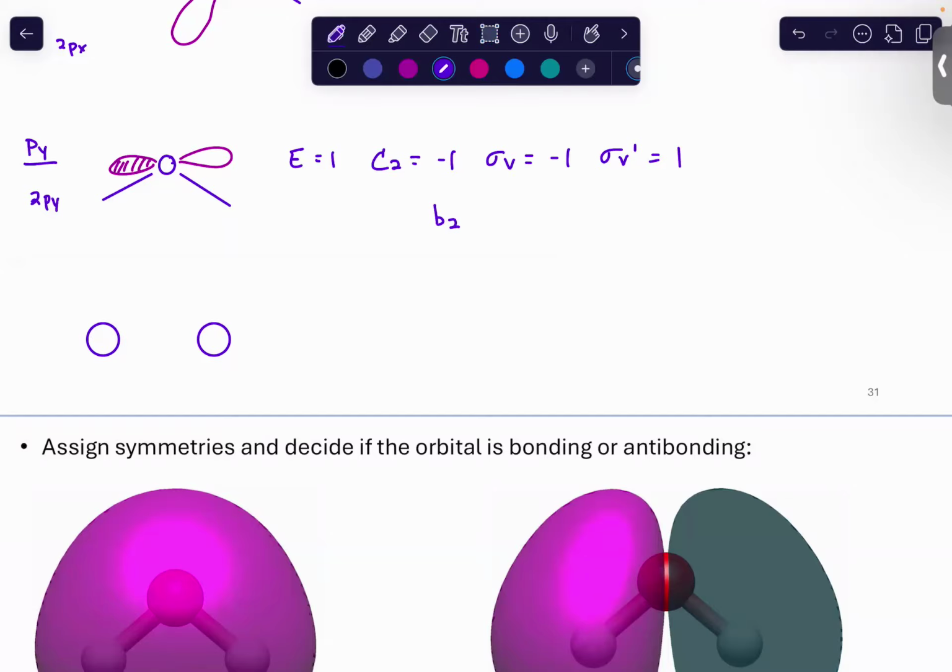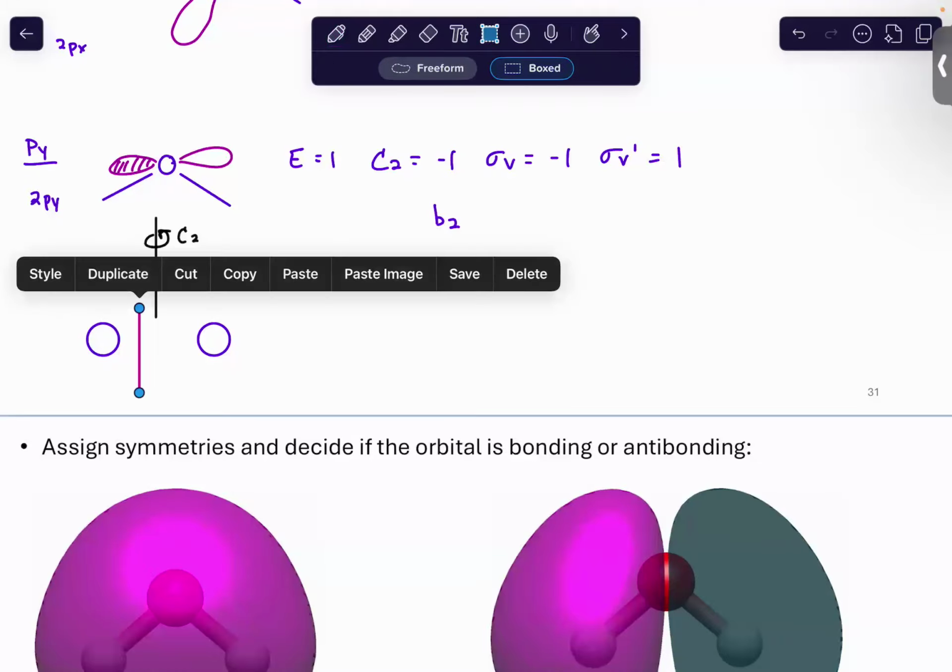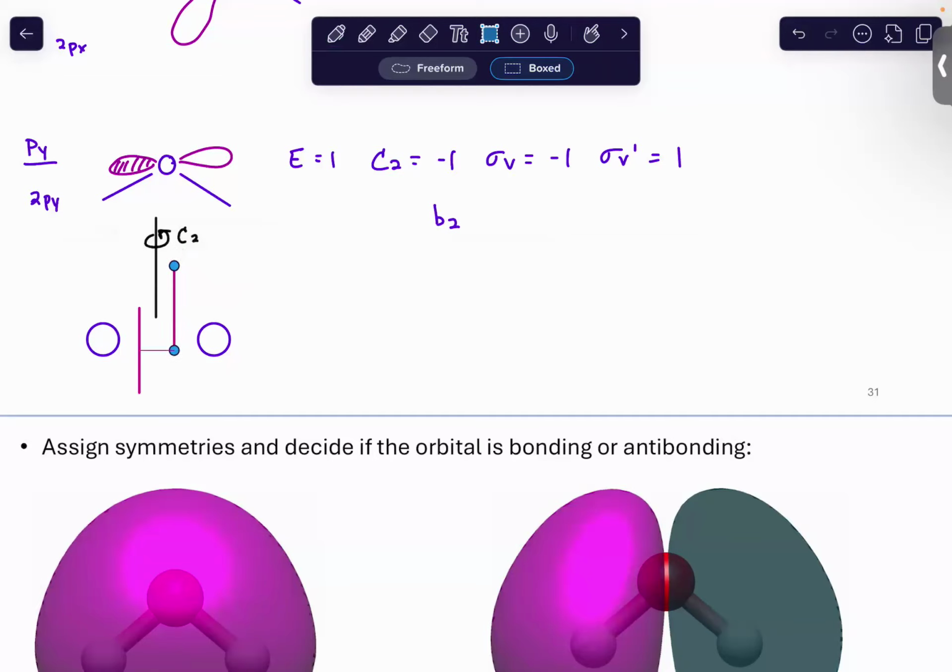Okay, well, let's say that I have a C2 axis. I'm going to have my sigma V plane.